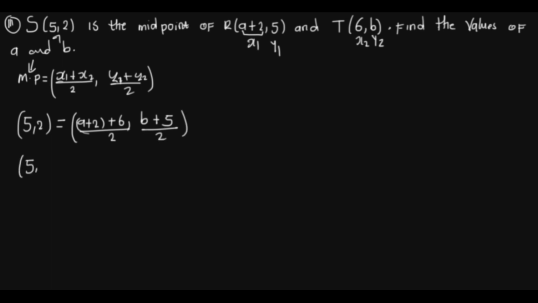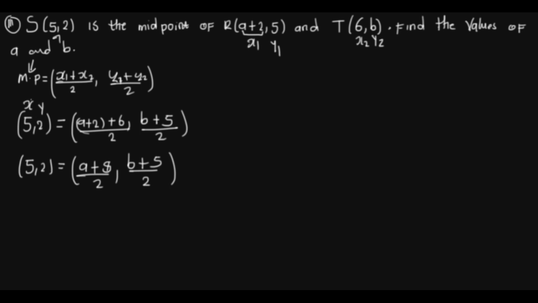Okay, so let's simplify this one. You can see that here we are going to have a plus, we can add 2 plus 6, that is 8 over 2, comma, b plus 5 over 2. The way the equation is, the first number from the midpoint is our x coordinate, then the other number is our y.